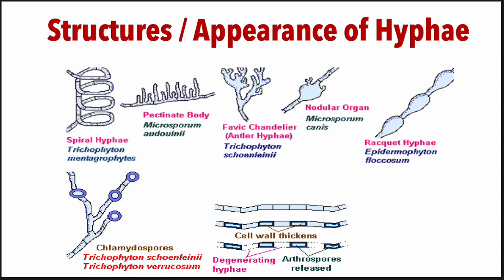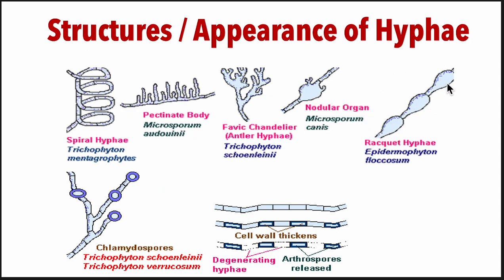This is an enlargement of the mycelium that consists of closely twisted hyphae. As you can see here, you have an enlargement like a nodule. We can often observe this in Microsporum canis, or oftentimes also in Trichophyton mentagrophytes.